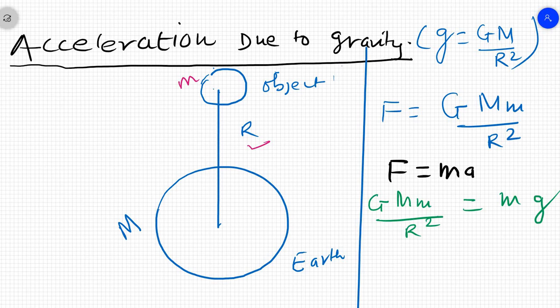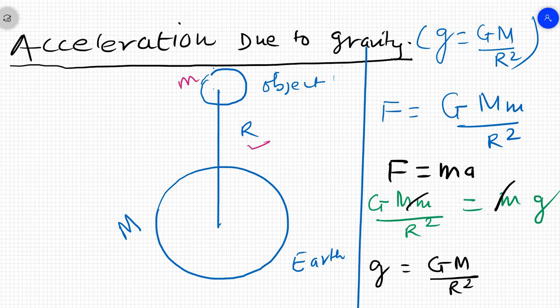Now this small m is the mass of the object, so you can cancel mass on either side. Finally what you get is g is equal to GM by r square. Remember this relationship. This is the formula we use to calculate acceleration produced in a falling body.